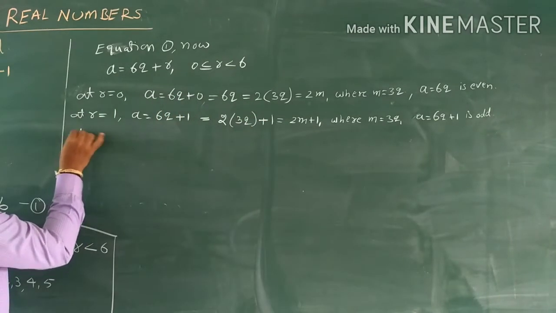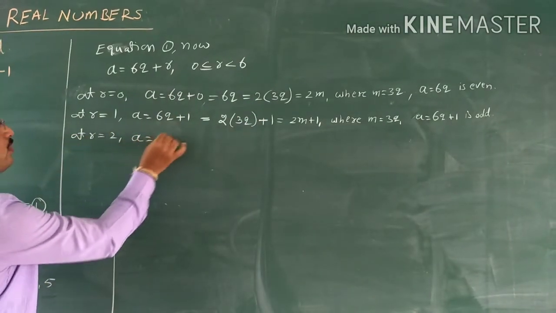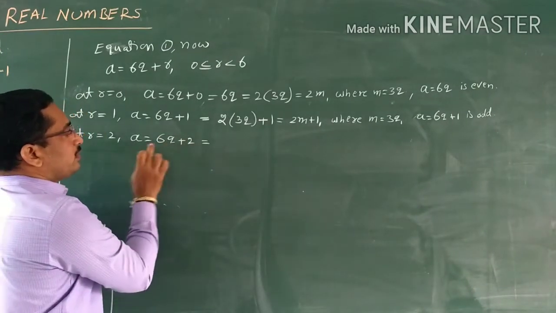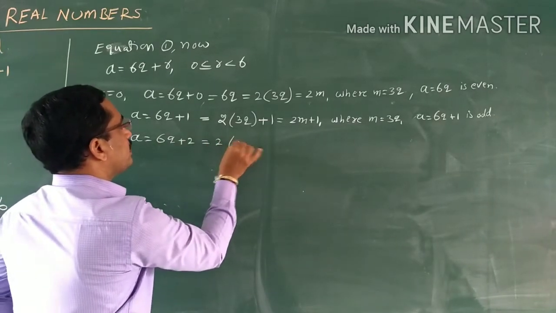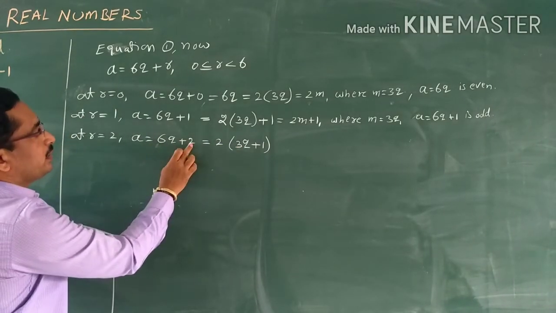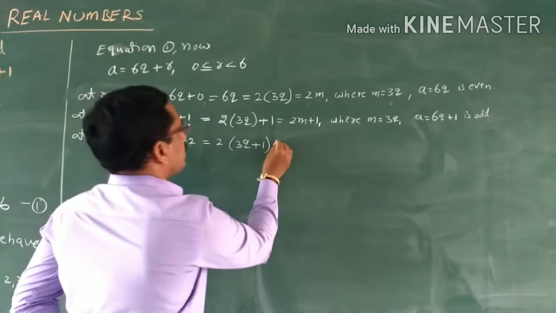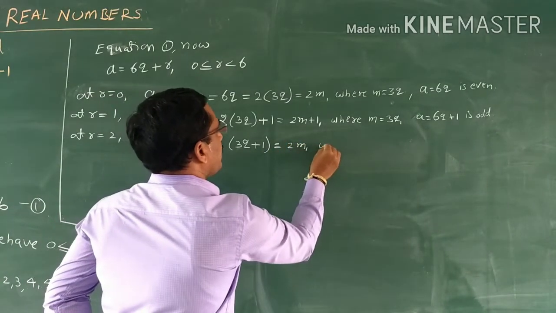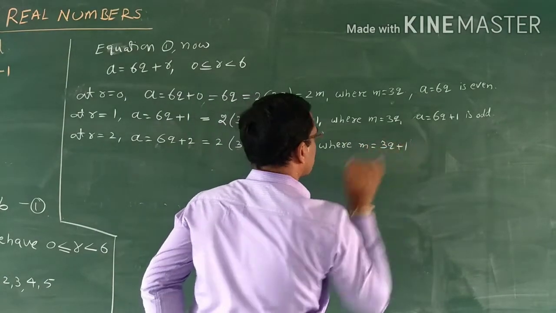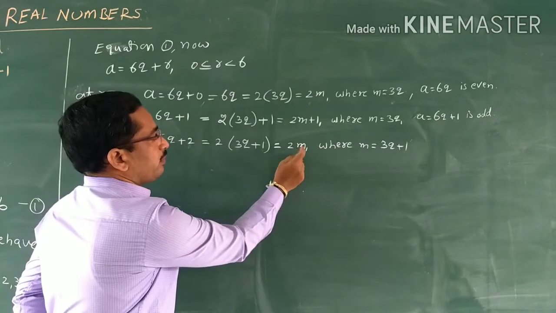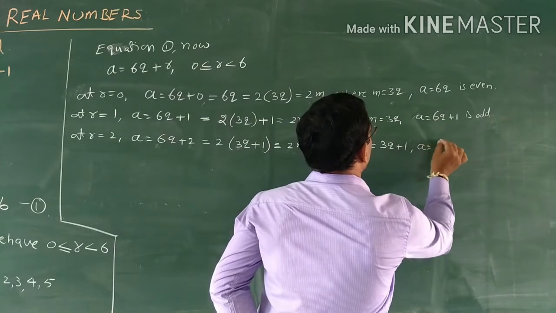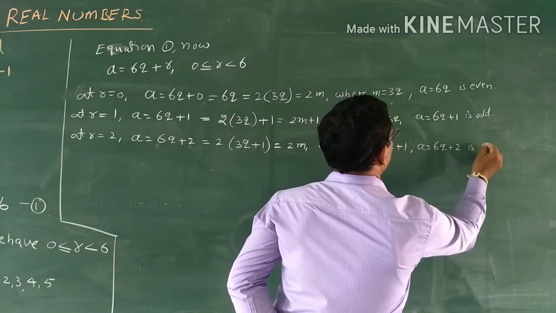Next, at r equal to 2, a equal to 6q plus 2. Take 2 common: 6q plus 2 is 2 into 3q plus 1. From 6, 2 common, 3, and here 2 common, remaining 1. Same, it is 2m where m equal to 3q plus 1. So it is in the form of even numbers, 2m. So a equal to 6q plus 2 is even.